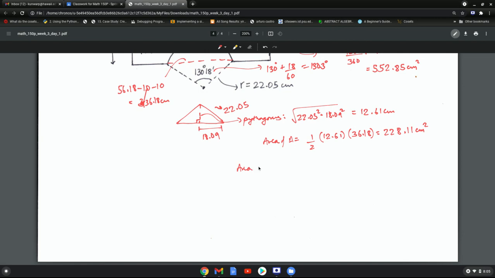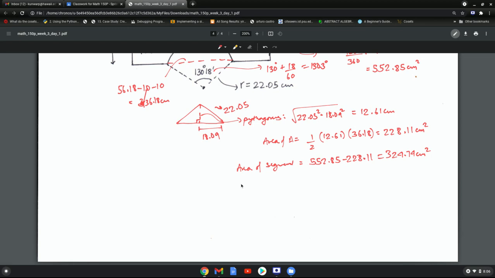So the area of the segment itself is 552.85 minus 228.11, which comes out to 324.74 centimeters squared.